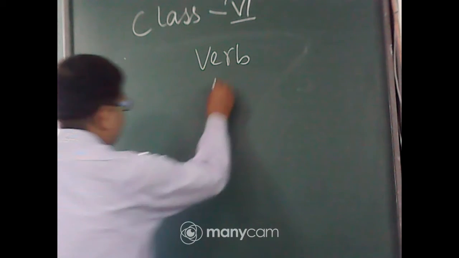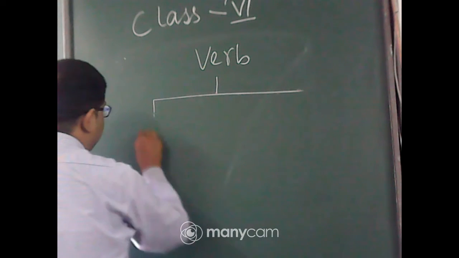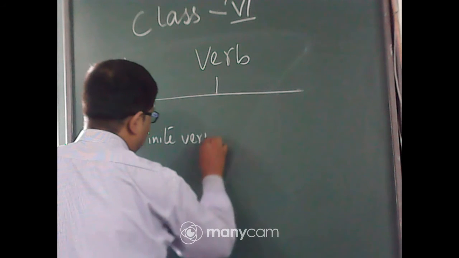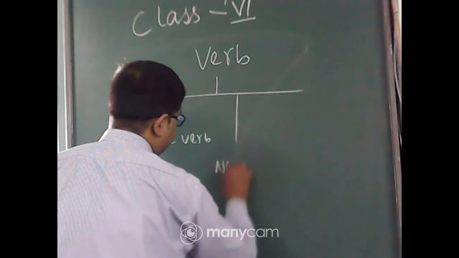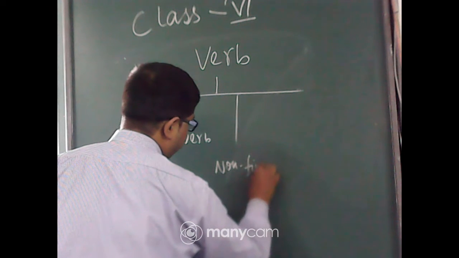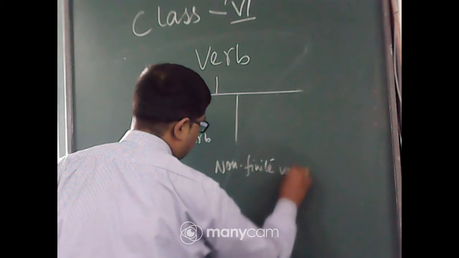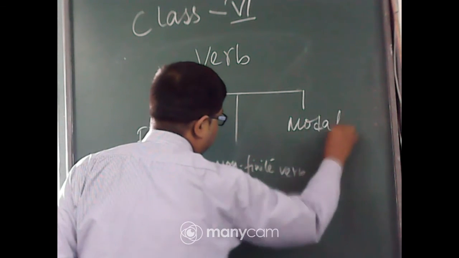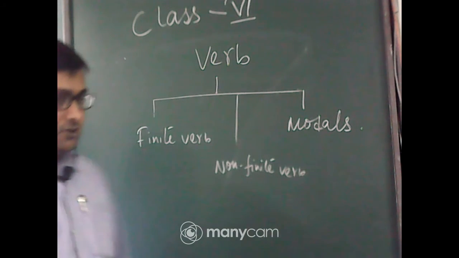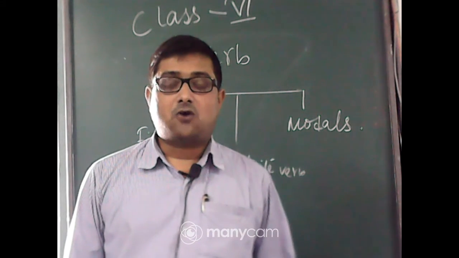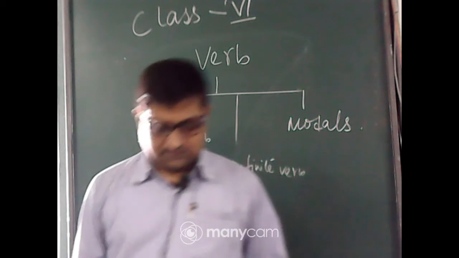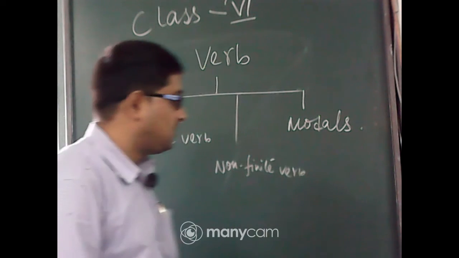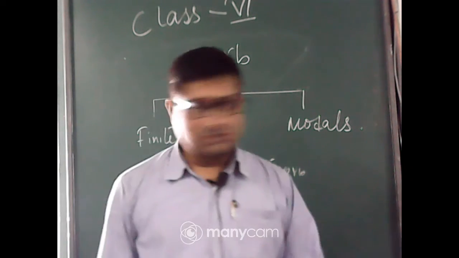If we divide the verb, then we can have finite verb, then non-finite verb, and then modals, meaning modal verb. Modal, also known as modal auxiliary, sometimes known as helping verb, is a part of a verb. Just make it clear that modal is a kind of verb.